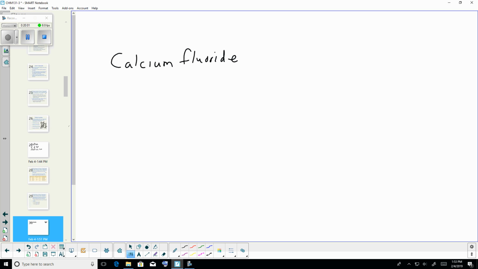Well, you look at the name, what two elements are we looking at? Calcium and fluorine. Calcium we know is 2 plus, fluorine's 1 minus, CaF2.